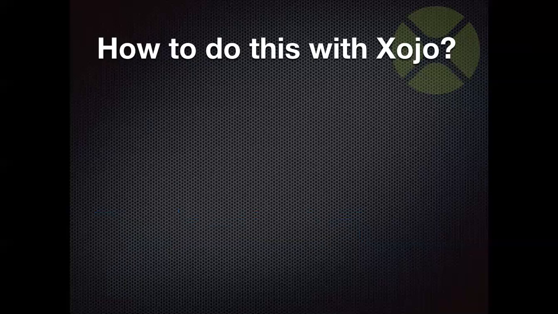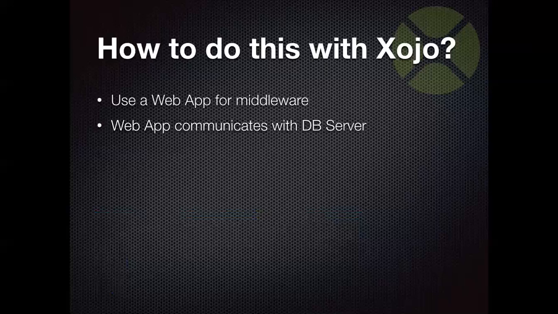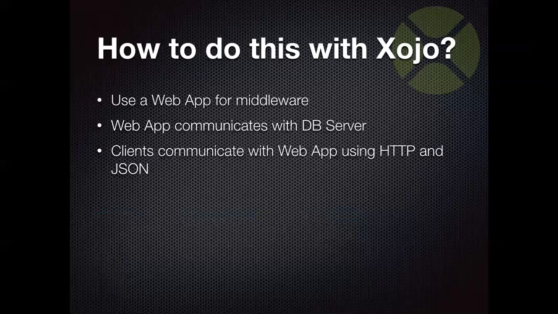So how do you do this sort of thing with Xojo? Well, it's actually relatively straightforward. You're going to use a web app for the middleware. And the web app is going to communicate with the database server. The clients are going to communicate with the web app using HTTP and JSON.